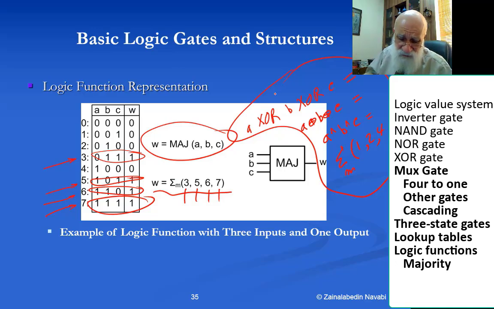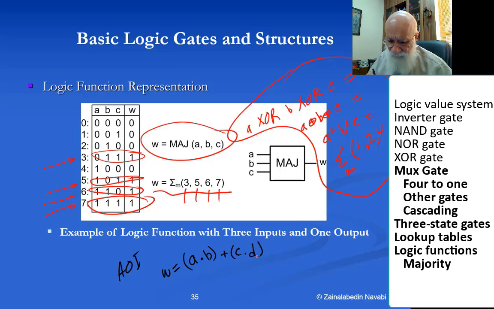Another complex gate structure which you may hear sometime is AOI, AND-OR-invert. That means the output of a 4-input AND-OR-invert is A ANDed with B, C ANDed with D, and then the whole thing complemented.